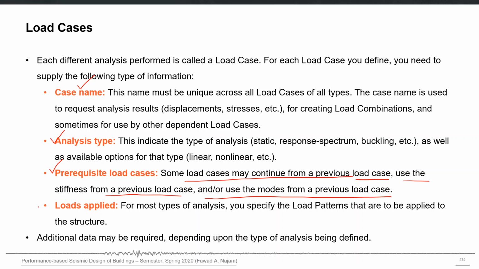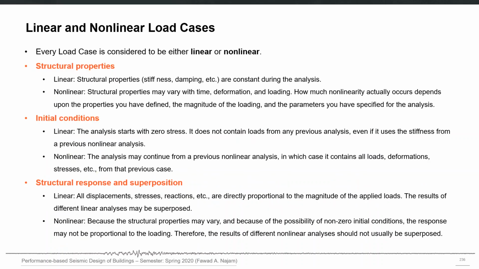And then at the end you also have to provide the load patterns which should be applied as part of that load case. Depending upon the type of analysis, there can be some additional data also which is required, but these four things are required for all load cases. For example, if you select the dynamic analysis load case, then you have to select some additional parameters, damping for example, and some other important factors.